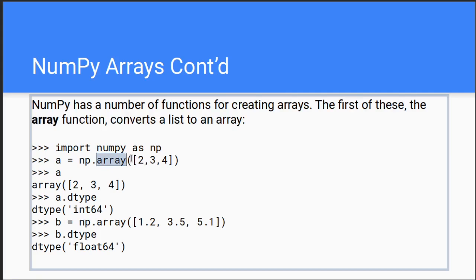You pass it an iterable, so it'll convert this list to an array. This will convert a Python list to a NumPy array. And that looks like this. And they're all 64-bit integers. And if we pass it all floats, then it will also see they're 64-bit floats.